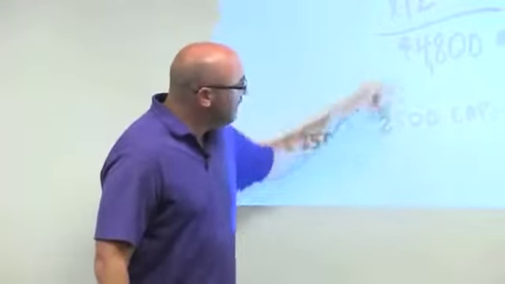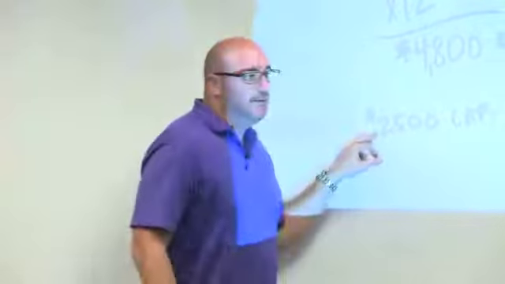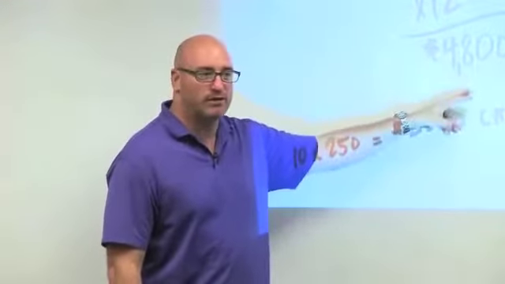Now, that's my capital expenditure, by the way. So in my cost versus benefit analysis, I'm going to compare the $2,500 capital expense to the $4,800 I'm saving on my expenses per year.